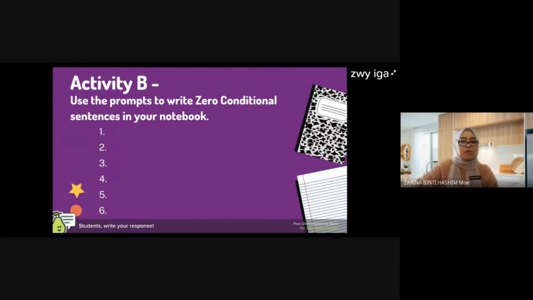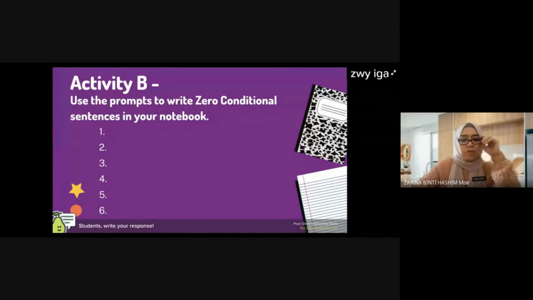Or if you want to start with the result, you get a point if you hit the ball past the other player. Also can. Either you want to start with if, or you want to start with the result first and write if in the middle. That is also another example.